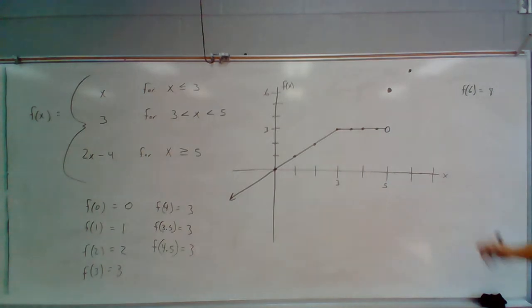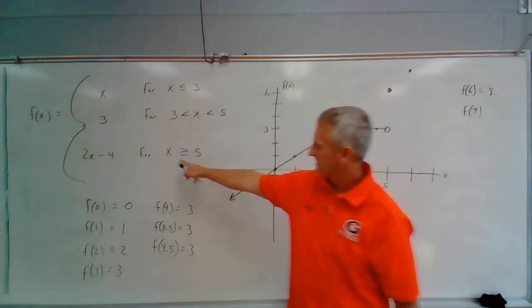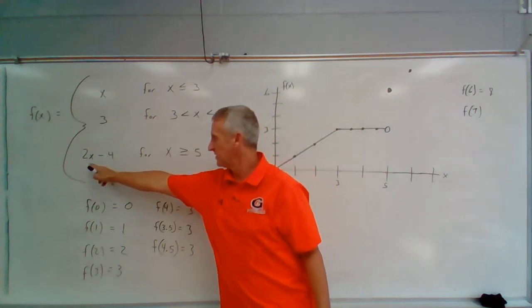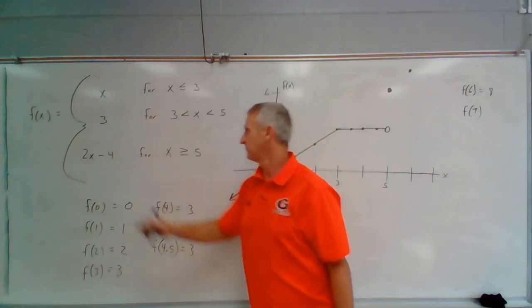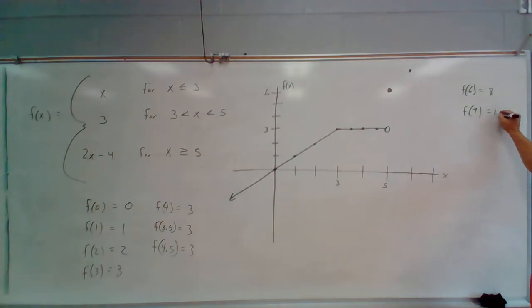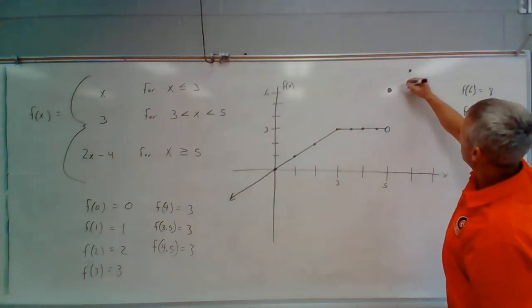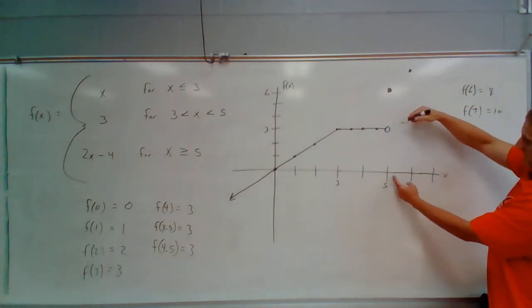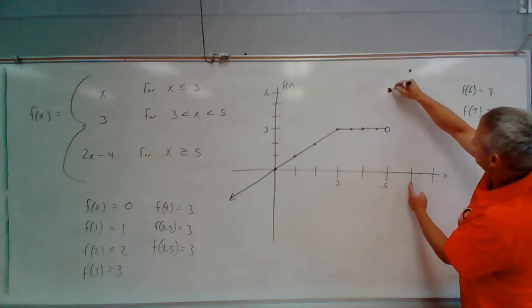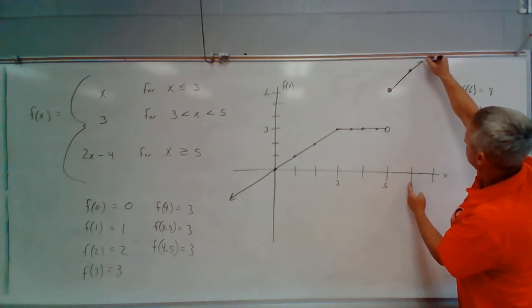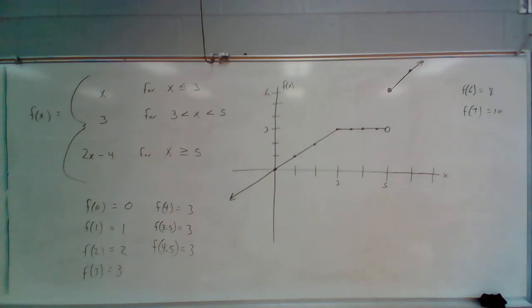If I plugged in a 7, 7 is bigger than 5, so I have to use this equation. 2 times 7 is 14. 14 minus 4 is 10. So that would be way on up there somewhere. I can plug in any of these numbers, so I'm going to get a line that goes up that way.